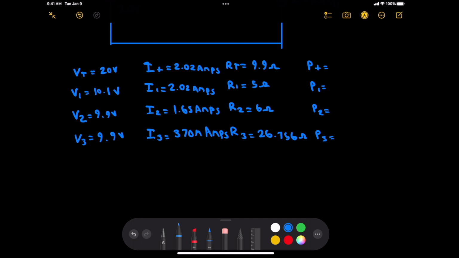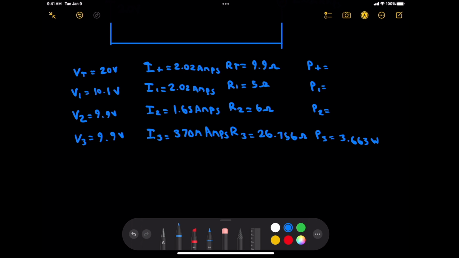We know the voltage is 9.9 volts for VR3. So we take 9.9 times 370 milliamps, and we're going to get 3.663 watts. Wait, let's just double check that. 9.9 times 370 times 10 to the negative 3. Yep.